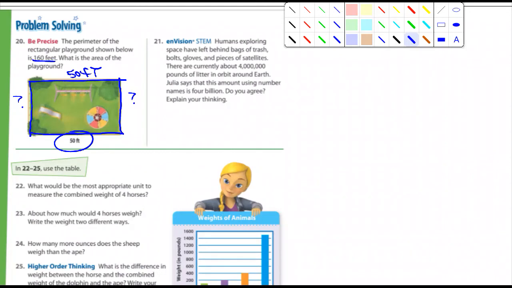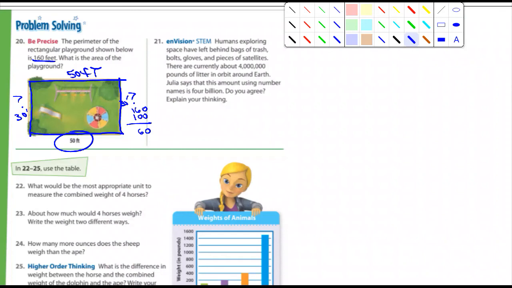What is it? 160. So we've got 2 of the sides so far, which is 100, right? And if we subtracted 100 from 160, what are we left with? 60. So what's 60 divided by 2? 30. 30 feet, 30 feet.